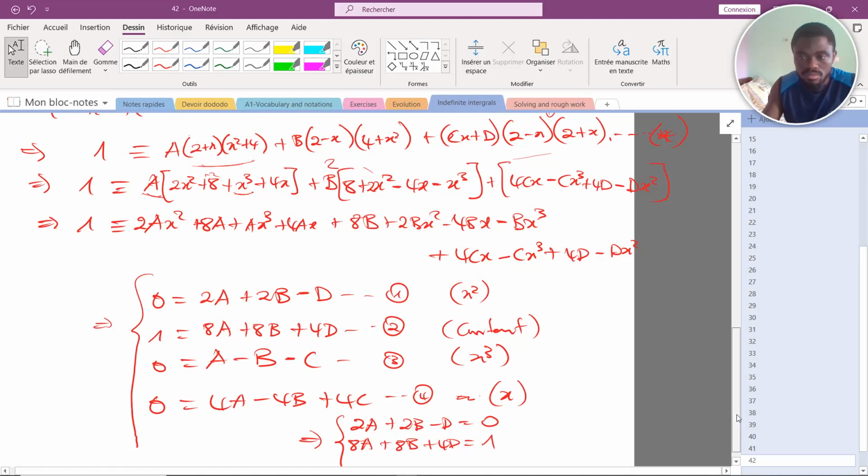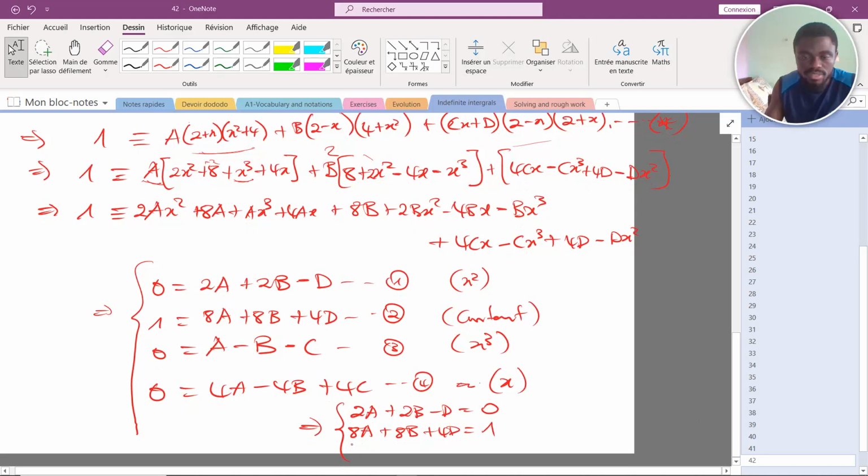The third equation is this one, a minus b minus c equals what? Equals 0.